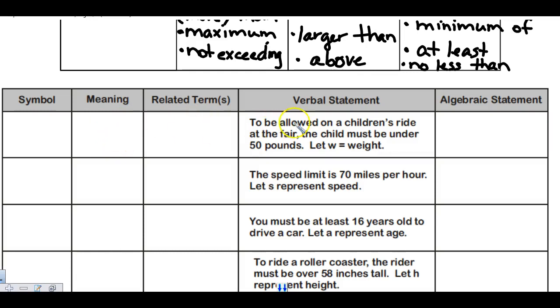For example, in this one here, it says, to be allowed on a children's ride at the fair, a child must be under 50 pounds. It tells us that we want W to be the weight of the child. So that right there is going to be our variable. Any other numbers? We see 50 pounds right here. And then our keywords.